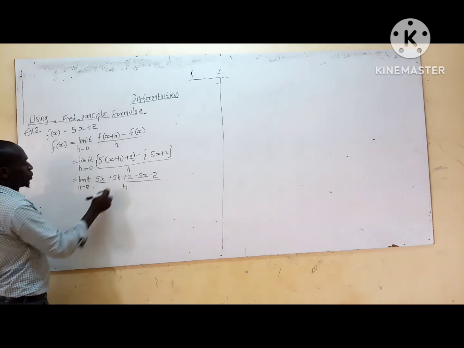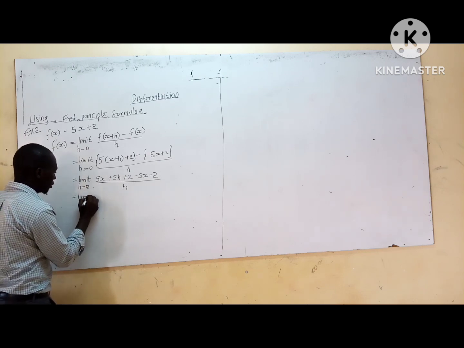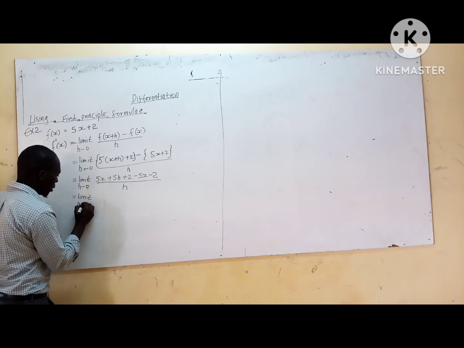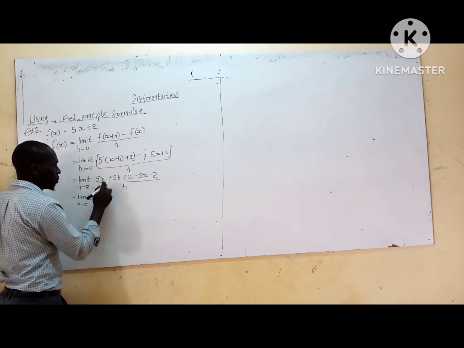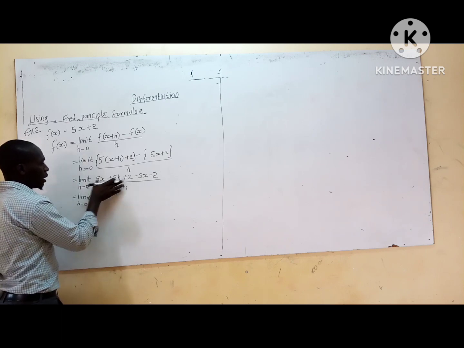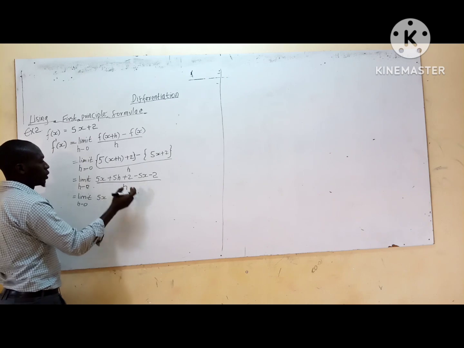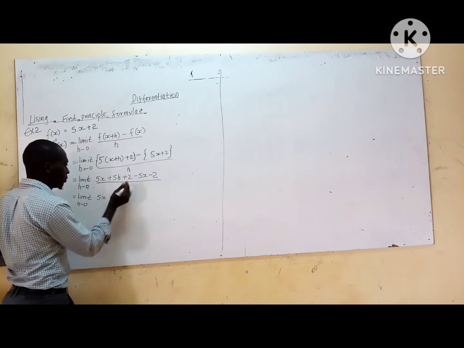Let us simplify what we have on the numerator. We have the limit as h approaches 0, whereby now we'll be having 5x, and by simplification of what we have on the numerator, we collect the like terms together.